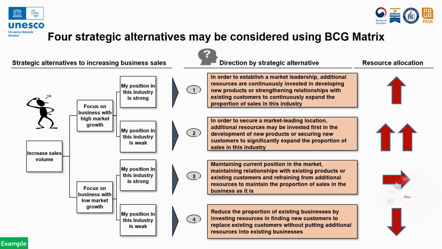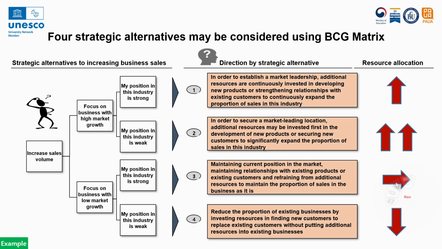So we simply invest a little bit more to find new customers, but that money comes from the previous investment for the existing customers, right? So we divest investment to the existing customers, but we put some money into finding new customers. So in total, we may reduce the portion of existing businesses.